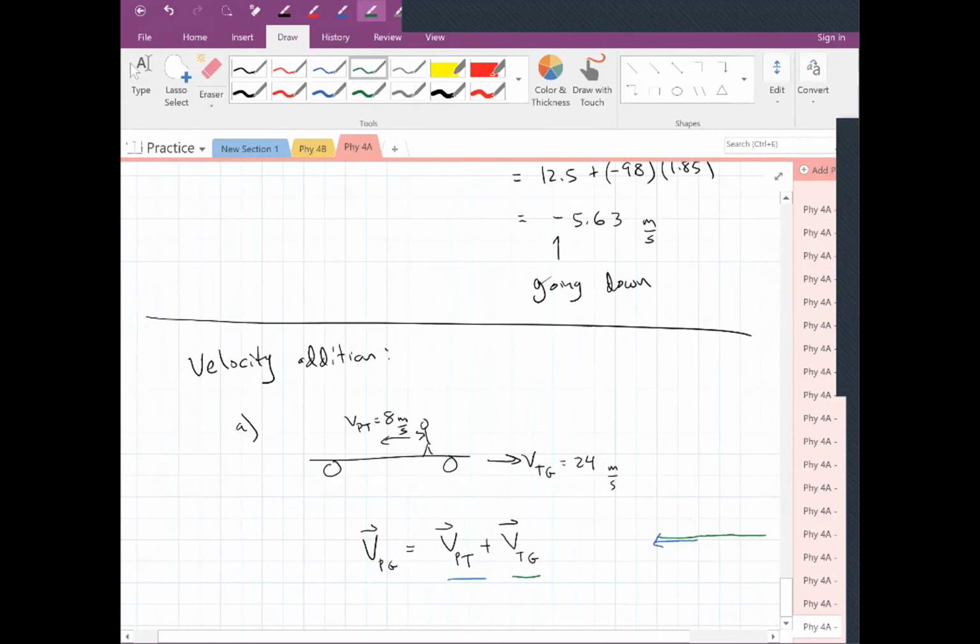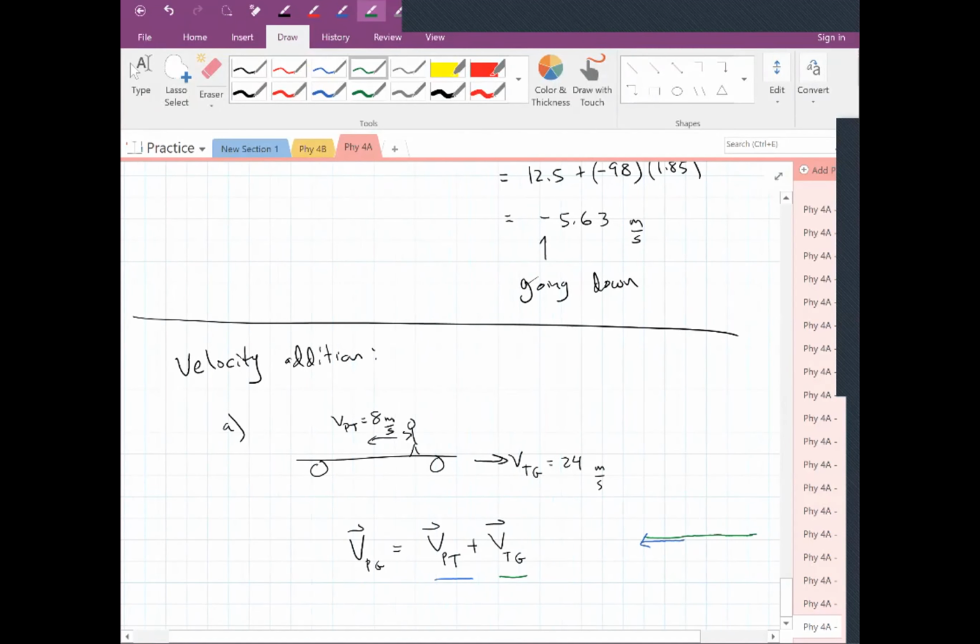That means I have to go just a little bit more. There we go. I add those two together and I get my result, the velocity of the person with respect to the ground. So it would be 16.